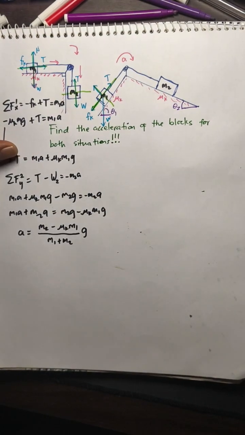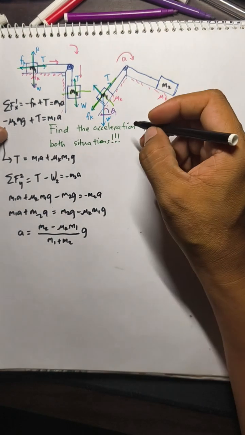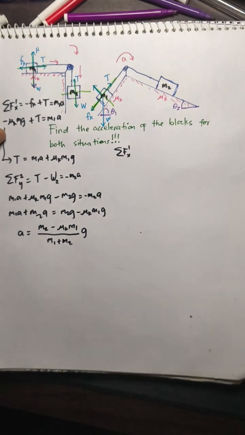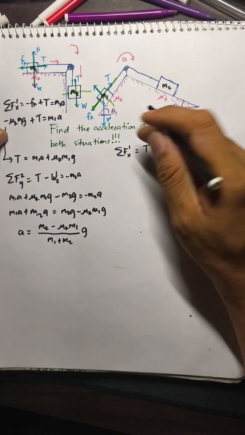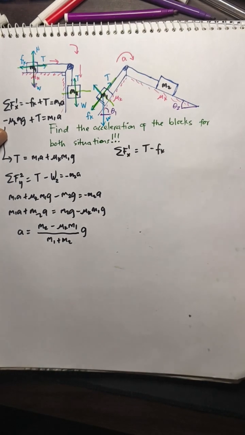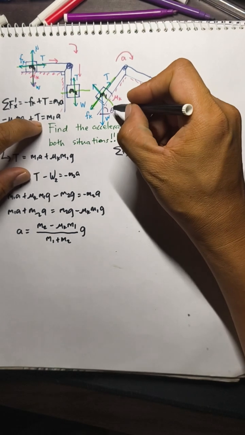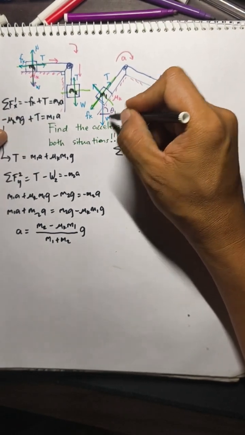Okay, so now let's get into the summation of forces. Summation of forces along x. This is for the first mass. What are the forces along x? That would be T minus Fk. Now, unlike this one, we can now see that our weight here will have an x component.